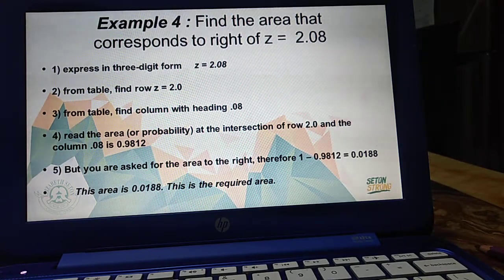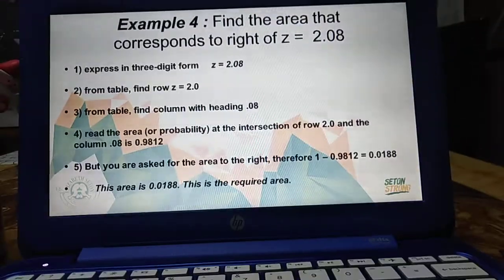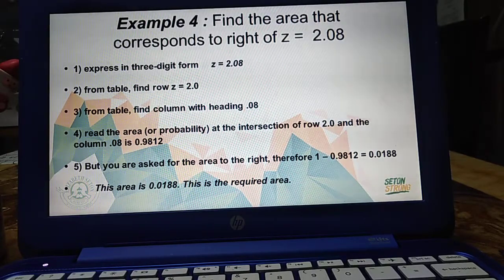For number 4, fourth example, we are to find the area that corresponds to the right of z equal to 2.08. So we now know how to get the area for 2.08. In the rows, we look for 2.0. And then moving to the right, we look for the column which will be equal to 0.08.